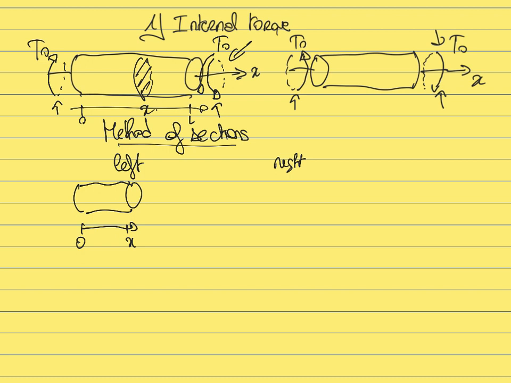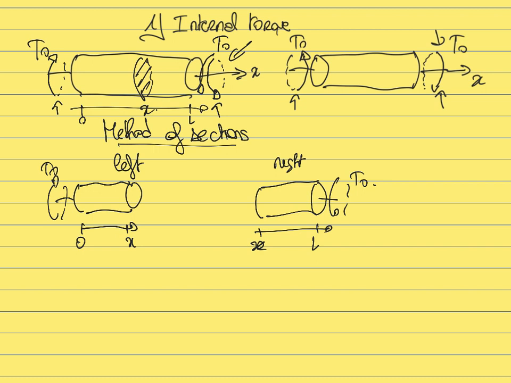And if we isolate the right, then we have the right part, that is to say, the part of the beam that goes between x and L. So in this case, if we want to calculate the internal torque, you would have the external torque here and here.